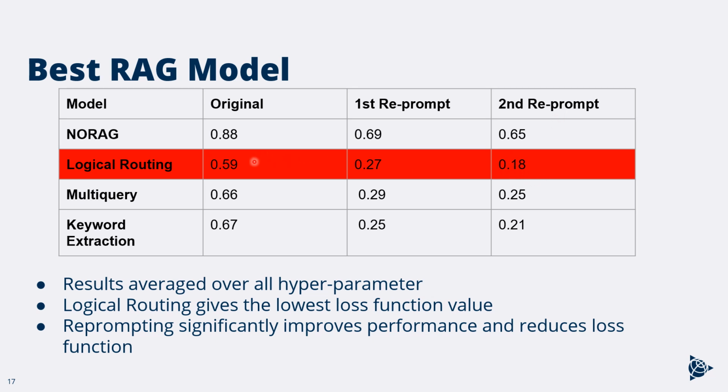We can also see that for all the models, the performance increases significantly after each reprompt. So reprompting does improve performance quite a bit. And comparing all these models to the no RAG model, we can see that having an external knowledge base does significantly improve performance compared to not having it.